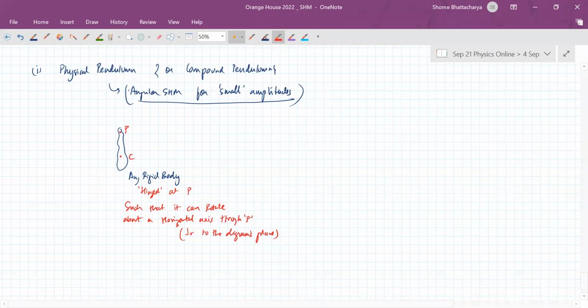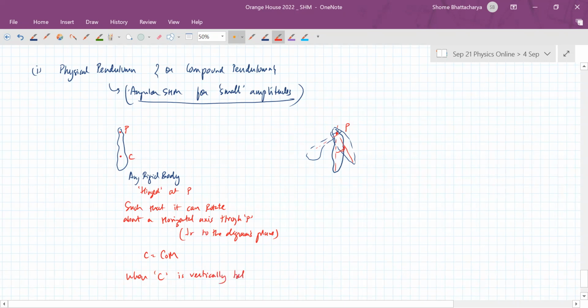Okay. So it can basically rotate like this about that hinge at P. And C is the center of mass. So when C is vertically below the point P, the net torque is zero.